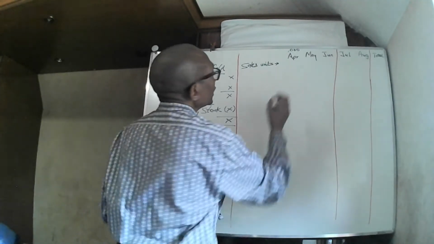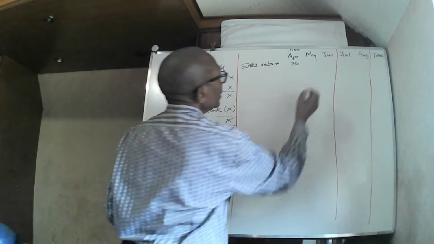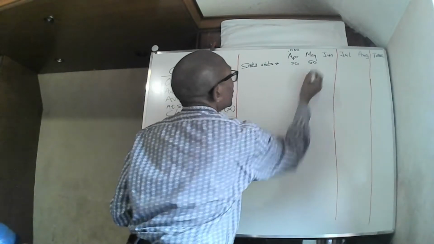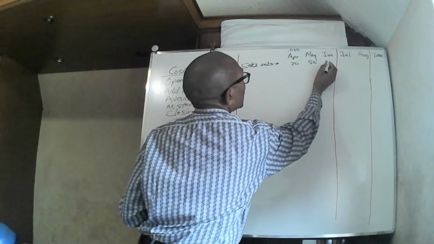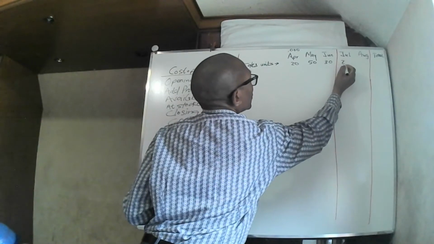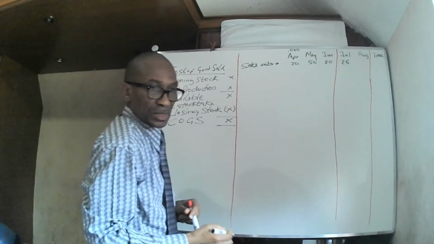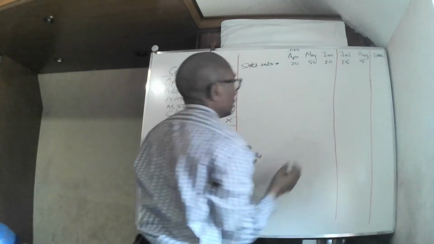So April is 20, May is 50, June is 30, July is 25, August is 15. Okay.